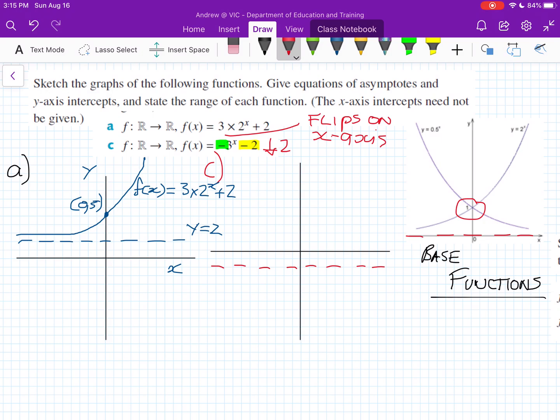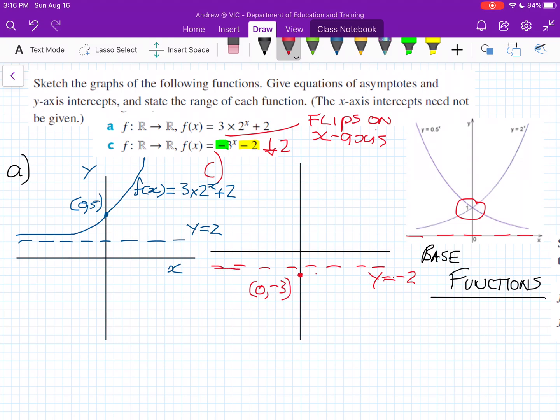So this means that it's just going to go about 1, and in this case, because it's flipped, it's going to be 1 below the asymptote there. So this point here is going to be 0, negative 3.